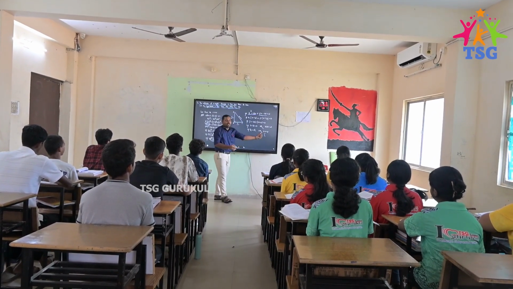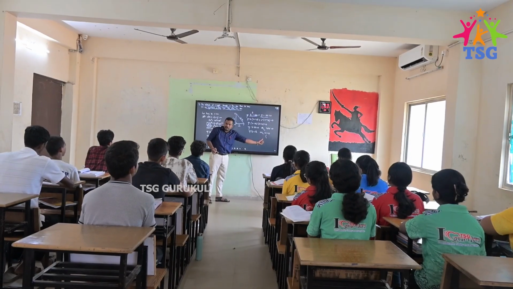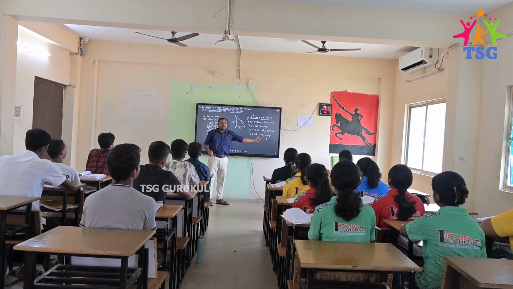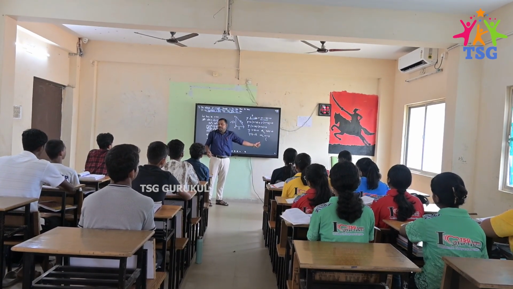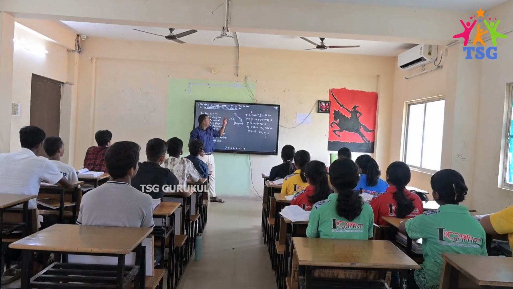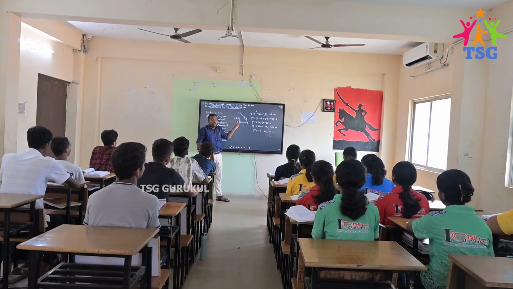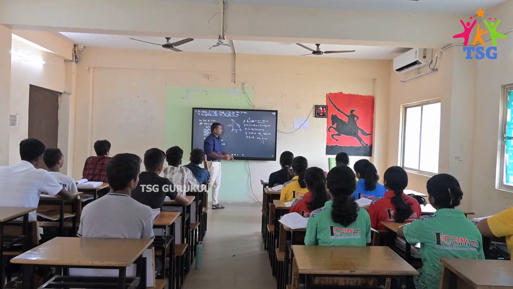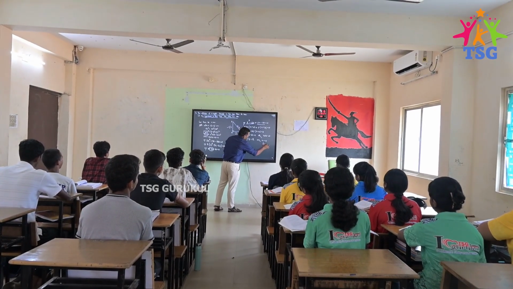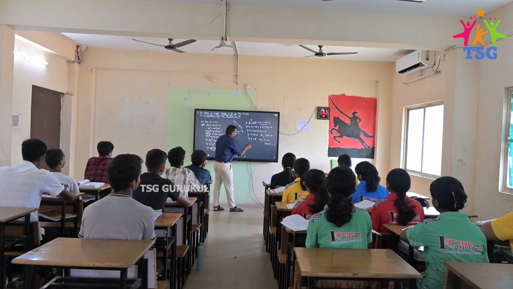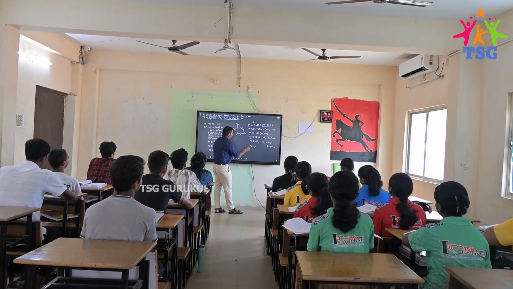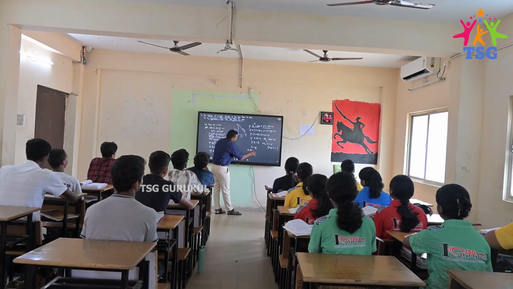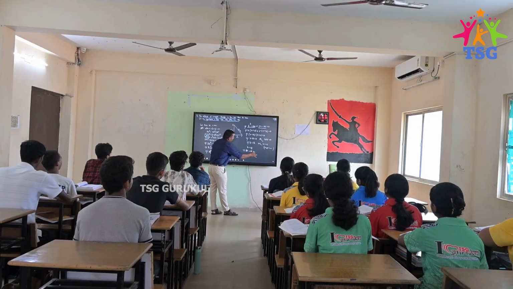But x is equal to minus 5, is it acceptable? No. Why not accepted? Yes, the length of a side is always positive, not negative. That's why it is not accepted. So here x is equal to 12. That means base BC is equal to 12 cm.